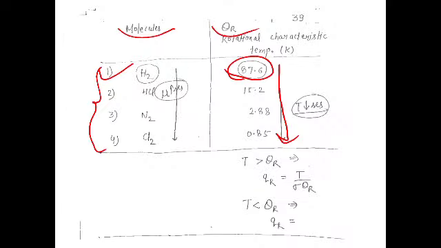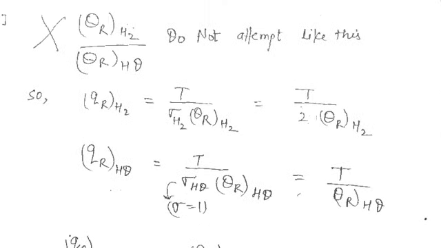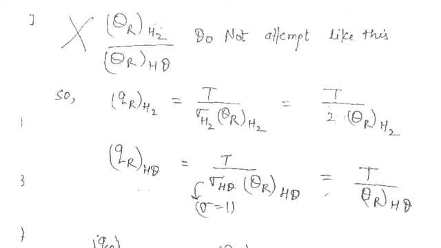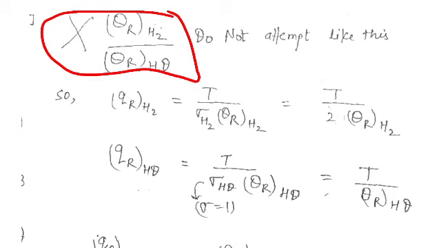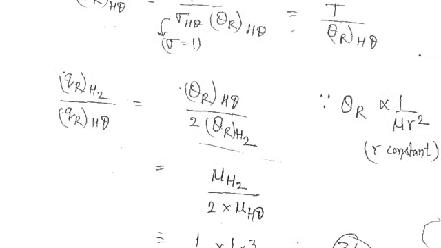Now, moving to the solution of the question. One more thing you have to remember: you will never take the ratio of the theta r, because nested inside theta r there is nu, and you will never take this ratio.